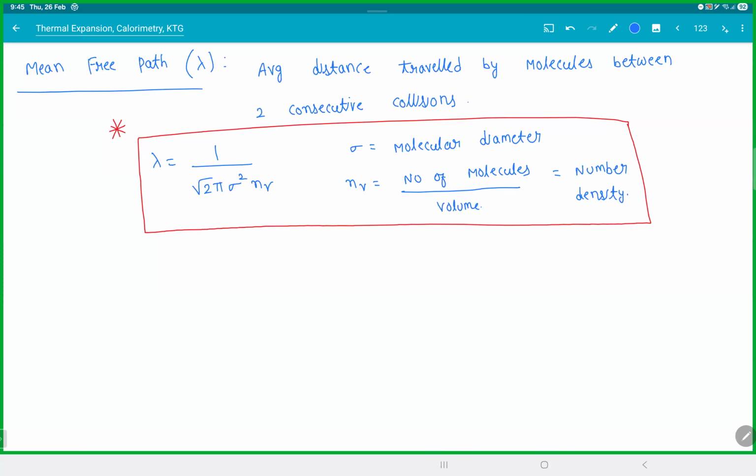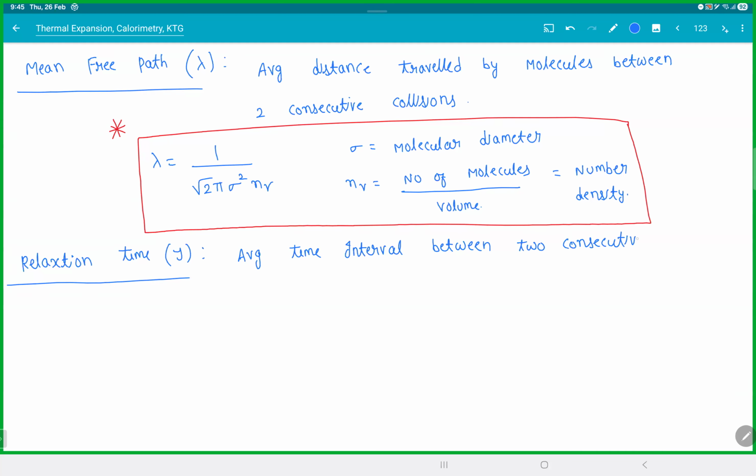Then we define something called relaxation time, tau. Relaxation time is simply the average time interval between two consecutive collisions. Now think about this. What is time?